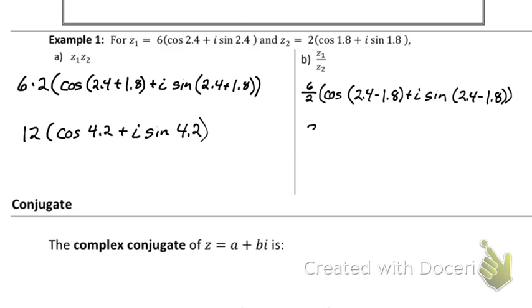We're going to have 3 times cosine of 0.6 plus i times sine of 0.6. Once again, that must be in radians because there are no degrees.